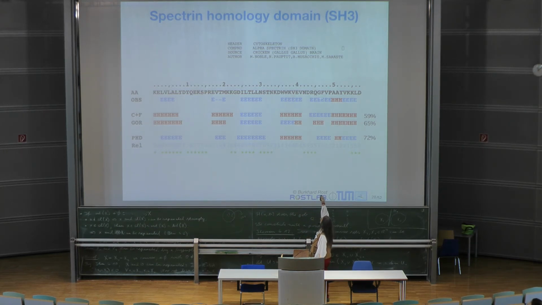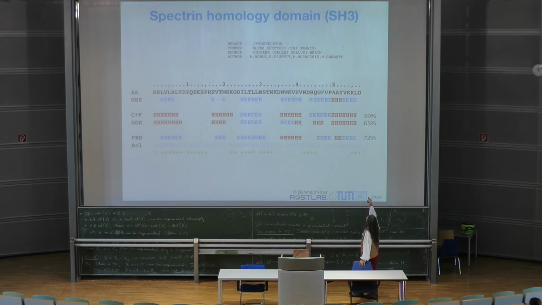So again, the amino acid sequence is running here. That's the observed secondary structure. Blue is the extended state. Here is a short helix in red. The blanks are neither of the two, neither helix nor strand. This is the first generation method, Chou-Fasman, second generation method, GOR, and this third generation method. What you see here, 59 for the first generation, is an overstatement, so it does better for this protein than on average.